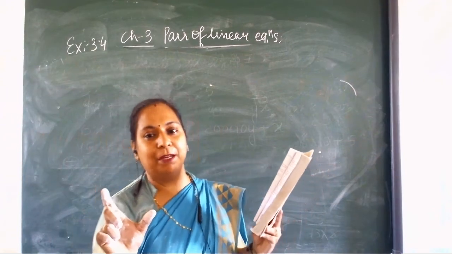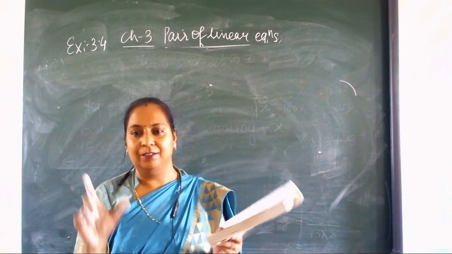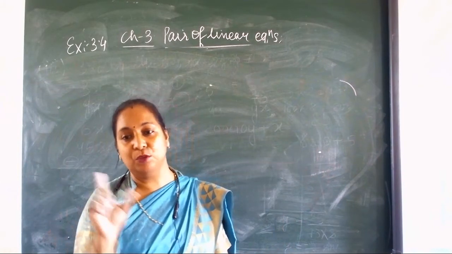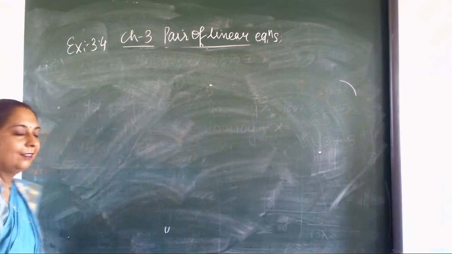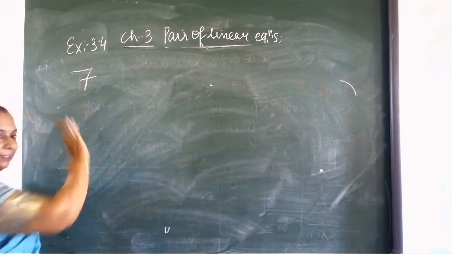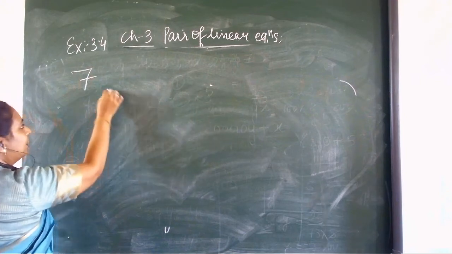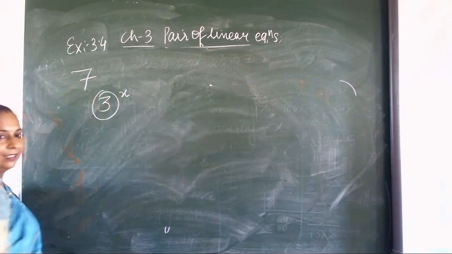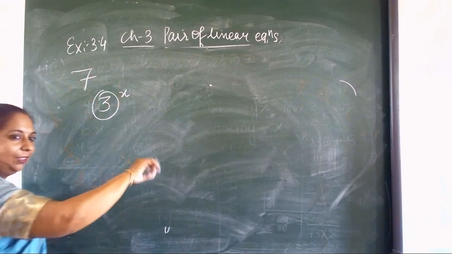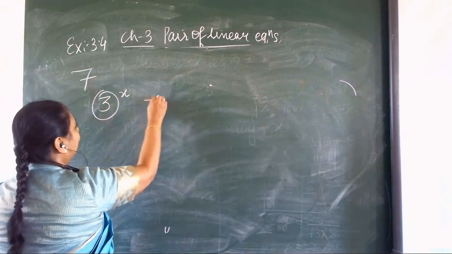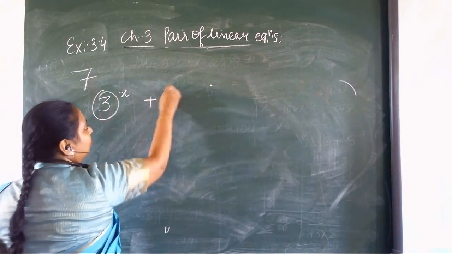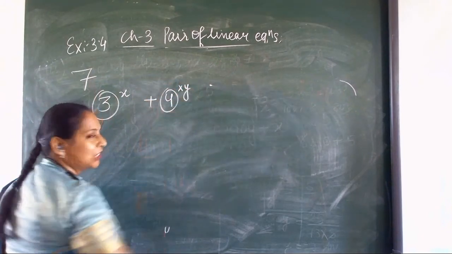If you are keeping the book for 7 days, first 3 days there is a fixed charge x, and for the next days, how many days are left? 4 days. So 4 days is to be multiplied by an additional charge.